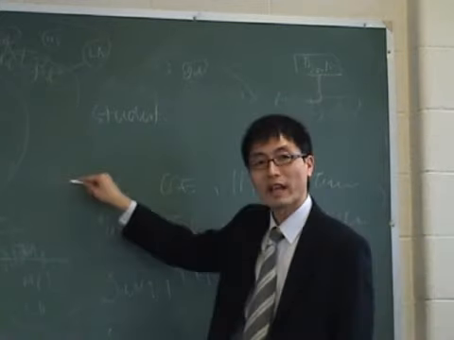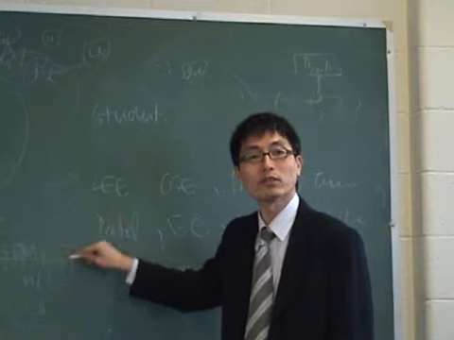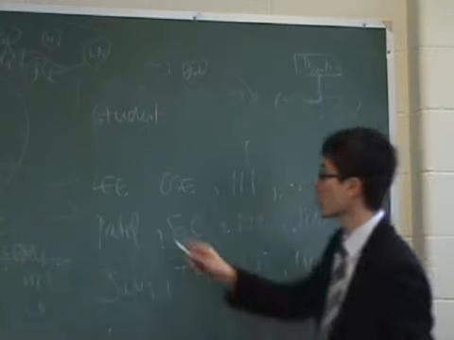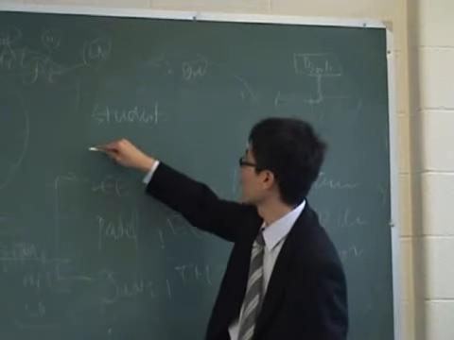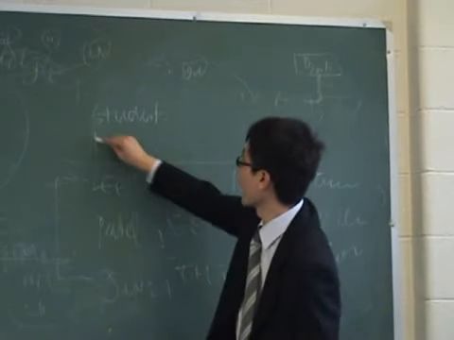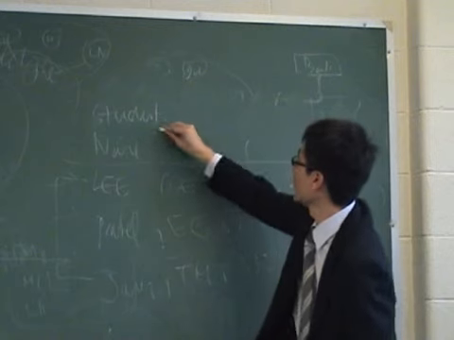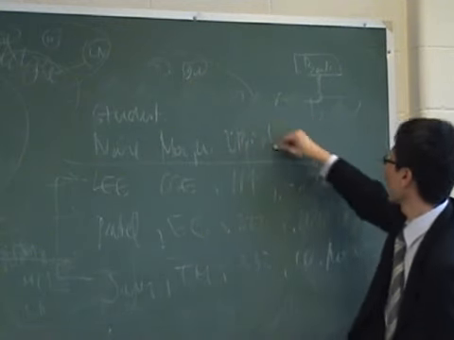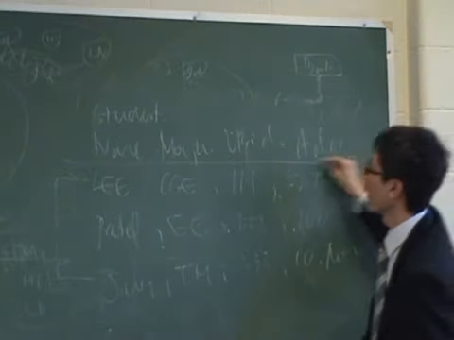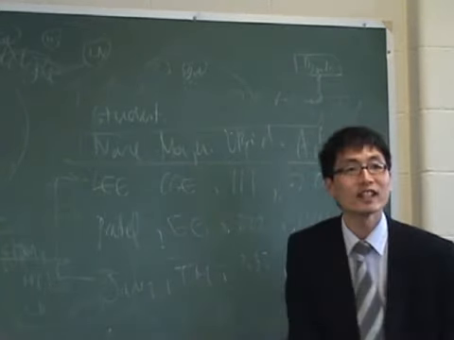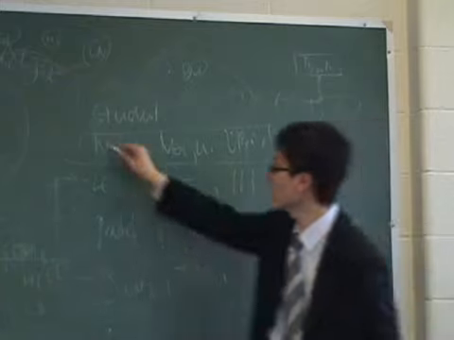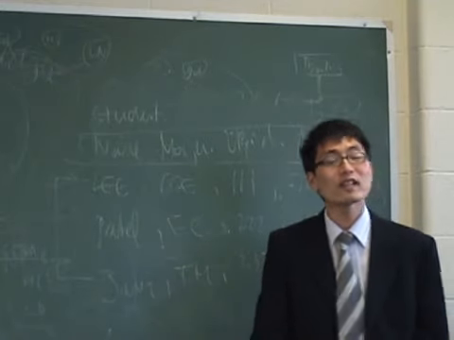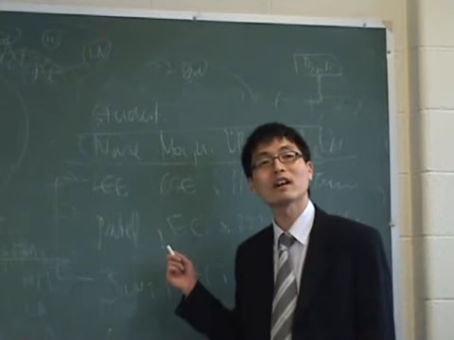This is a student entity, student entity, student entity. They have the same format, the same organization. So we identify this is for name, this is for major, this is for the ID, and this is for the address. Then this is called the entity type, and these are the entity set. That's what we did in ER modeling.